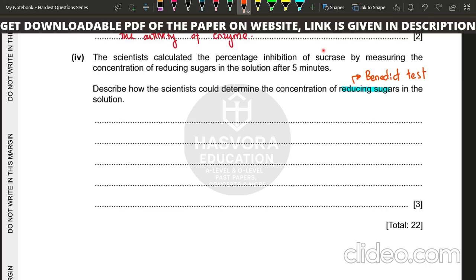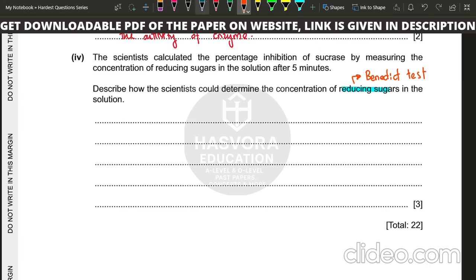Then you will time them. In the Benedict test, you will time each of the concentrations, and then you will do the same with the unknown concentration of the solution of the reducing sugars, and then you will compare its time with the time of the known concentrations to deduce its concentration.